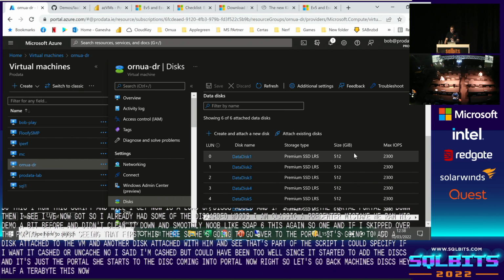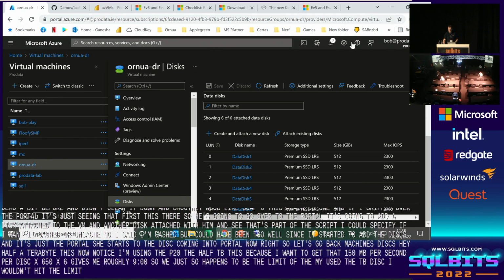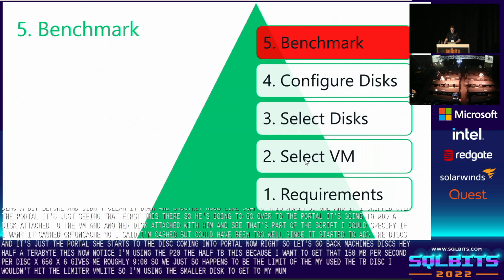Now, notice I'm using the P20s, the half terabyte disks, because I want to get that 150 megabytes per second per disk, times it by 6, 150 times 6 gives me roughly 900 or so, which just so happens to be the limit of the VM, right? Whereas if I'd have used the terabyte disk, I wouldn't have hit the limit of the VM, right? So I'm using the smaller disk to get to my max throughput.